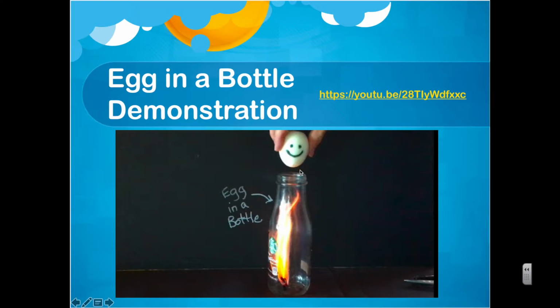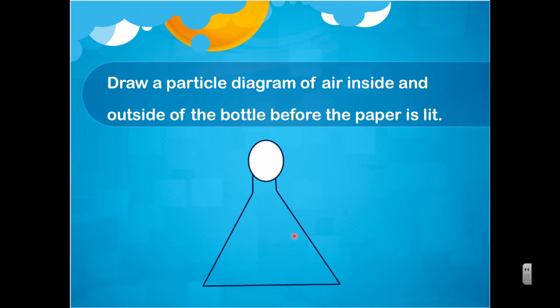So then when we place the egg on top of it, the air pressure is going to get greater, and so the air is going to come out of it. And then whenever the paper goes out, we should get some type of lower pressure on the inside, which sucks the egg in. Okay, so let's make sure we can draw a particle diagram of this.